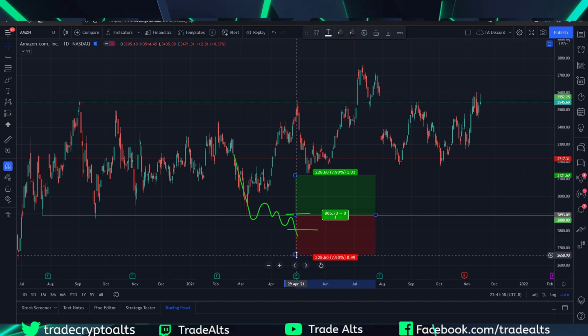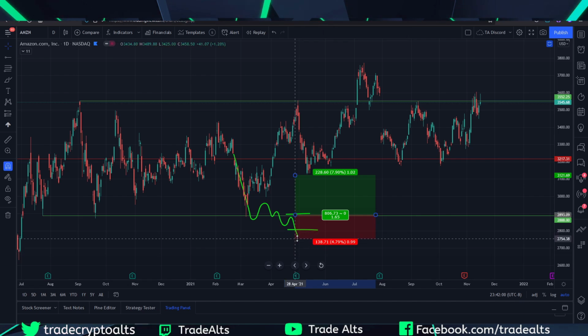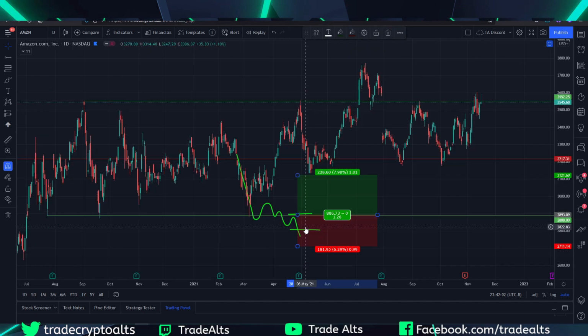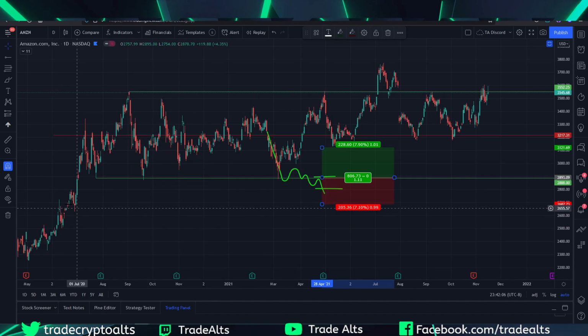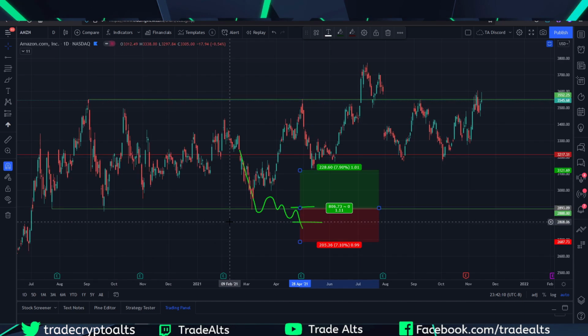The invalidation here is pretty tough, because my invalidation on this trade is not necessarily market structure, not using lows or previous market structure. My invalidation is something like this, where I see that there's a change of behavior, that the range itself is being broken.